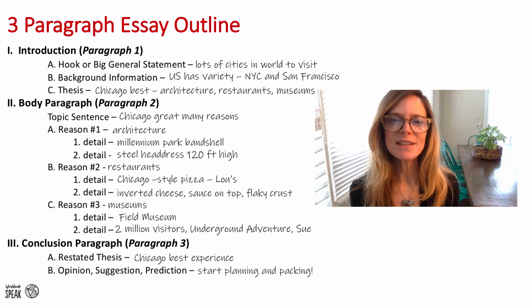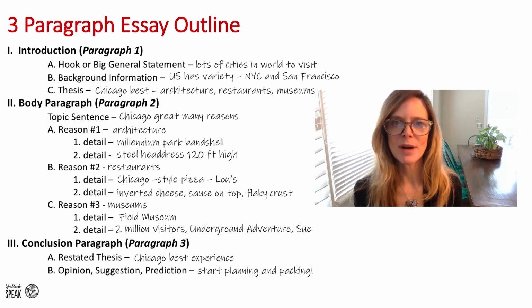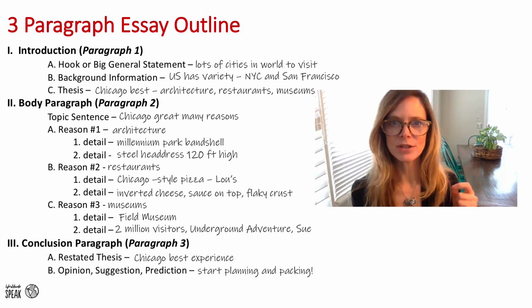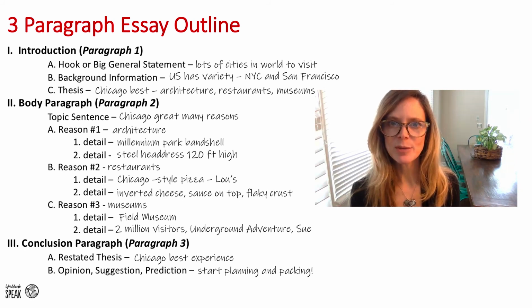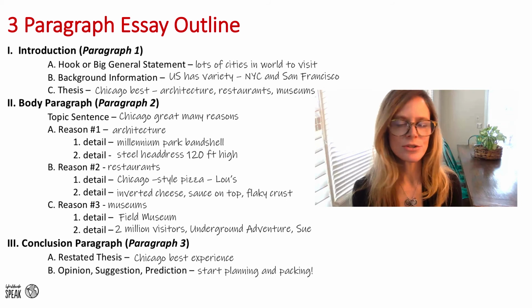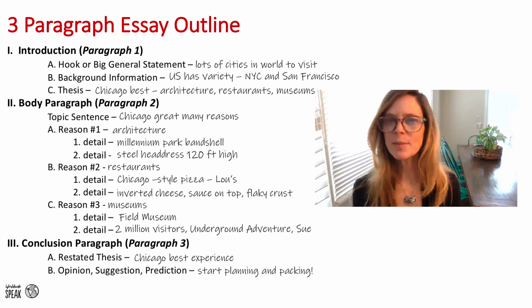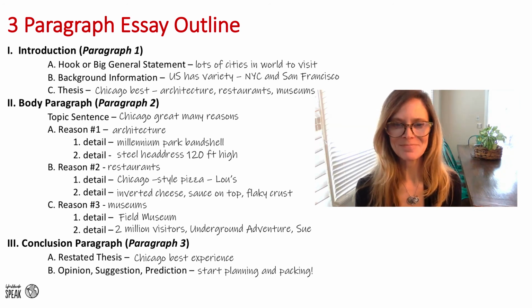And then I'm going to leave the reader thinking about my paper, and how am I going to do that, right? I'm going to tell the reader that since Chicago is so awesome, they better start planning their next trip to Chicago and packing right away.